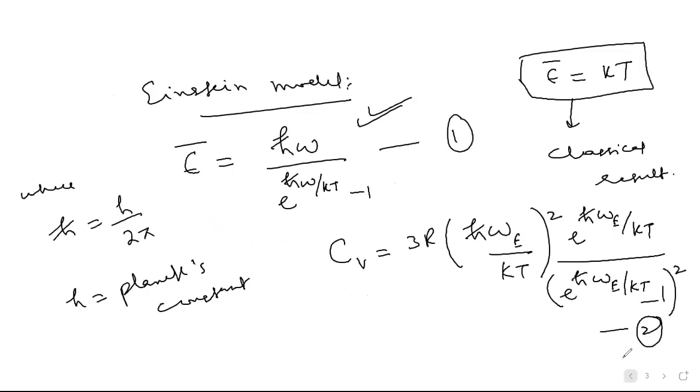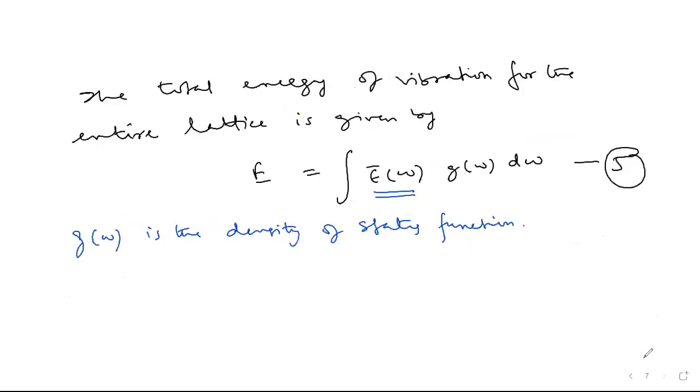It is the average energy of the oscillator or average energy per mode given by equation 1, h bar omega over e raised power h bar omega over kT minus 1, right? And equation 5 follows from noting that G omega d omega is the number of modes in the range omega and omega plus d omega, and the energy of each of these modes is equal to epsilon bar omega, given by equation 1, which I already discussed.